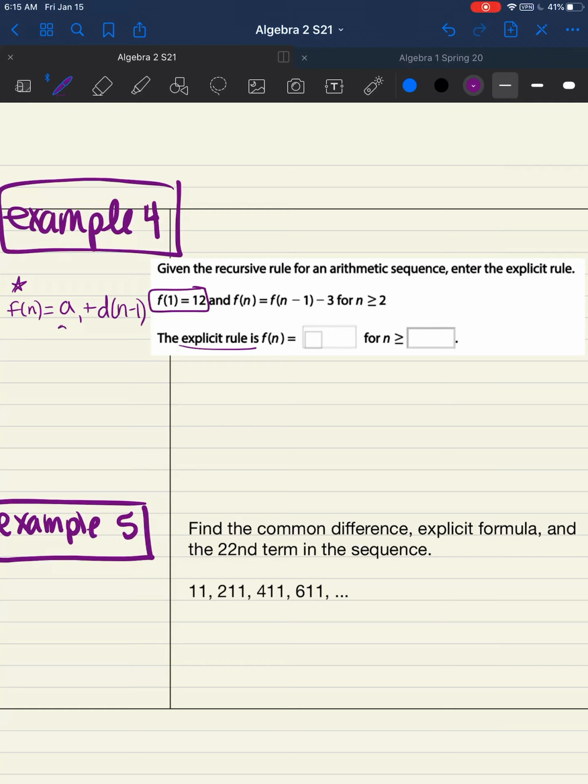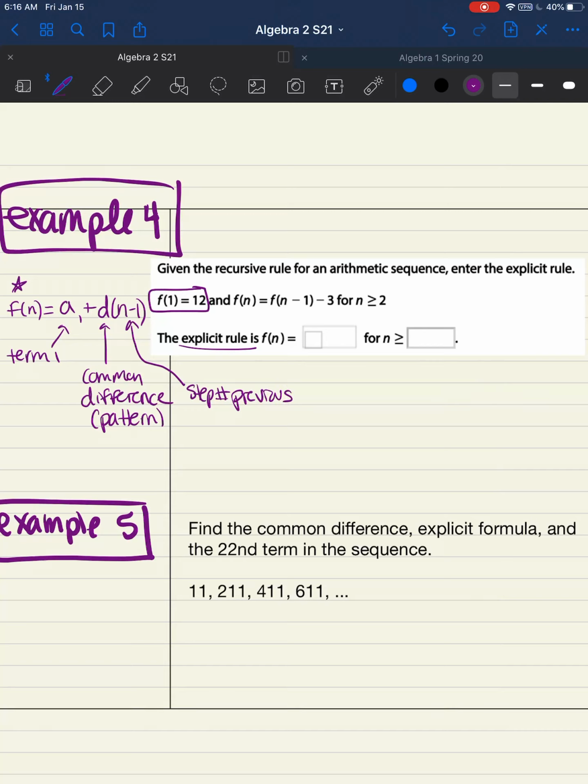So this would be term 1, not 0. This is the common difference, which is your pattern in an arithmetic sequence. And then just n minus 1, which is one step number previous.